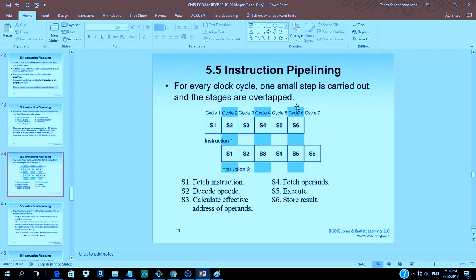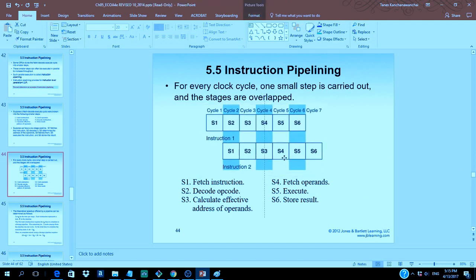For every clock cycle, one small step is carried out and the stages are overlapped. This is pipelining. Instead of waiting for the whole thing to be done before starting the next, you could just do it in parallel. While you're fetching instruction 1, you can fetch instruction 2.